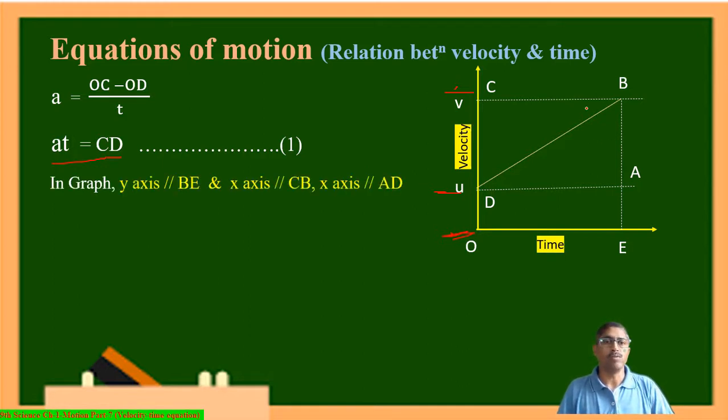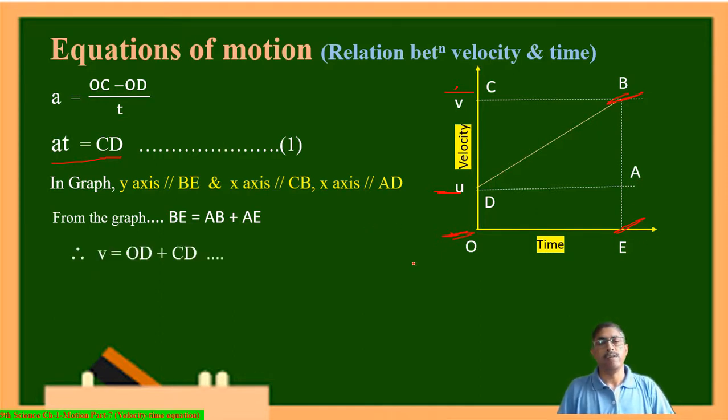Then by the graph we know that BE is parallel to the y-axis and BC is parallel to the x-axis. Then by the graph BE is nothing but BA plus AE. Then what is AB and what is AE?